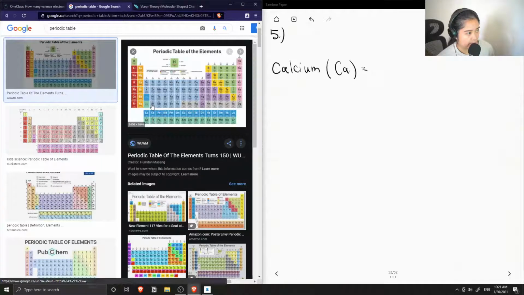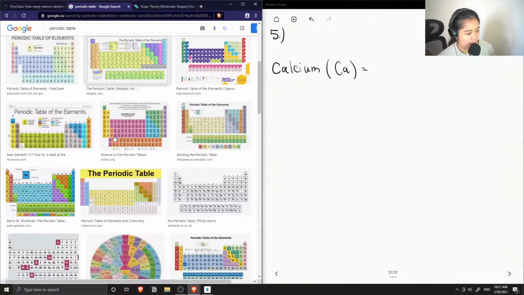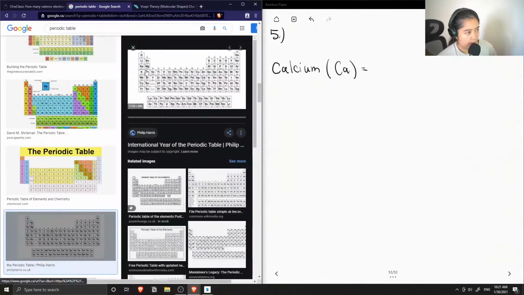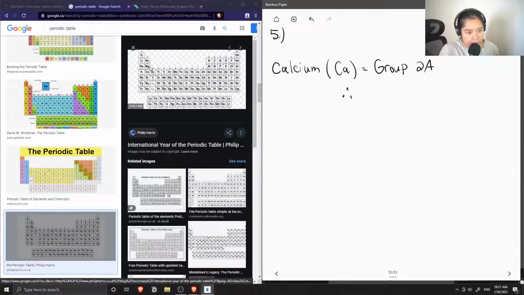It's kind of small, but if you can see here, calcium is in group 2, group 2A. So therefore, it has 2 valence electrons.